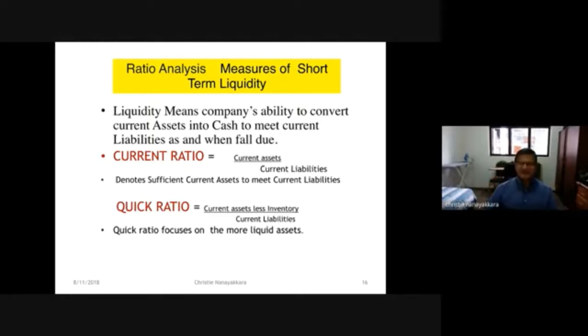Bankers, especially if you are in trading activity, demand you must maintain the current ratio of 2:1, because if you start buying on credit and stocking it, and if you are unable to pay them, then you will run into a problem. And bankers will also have credit risk based on that.